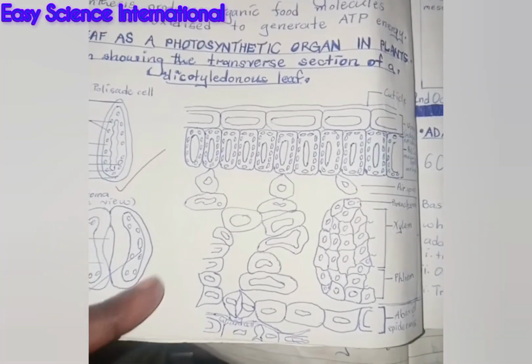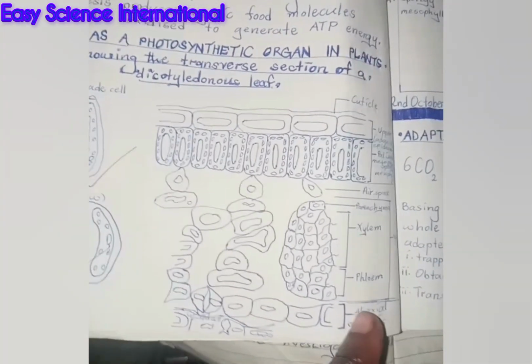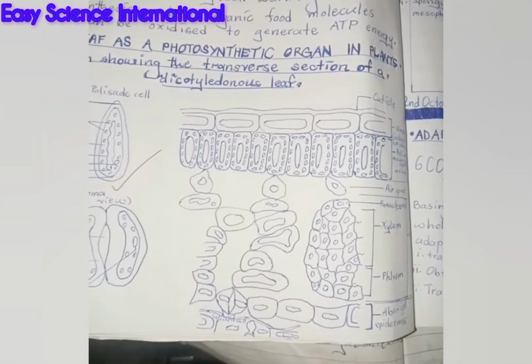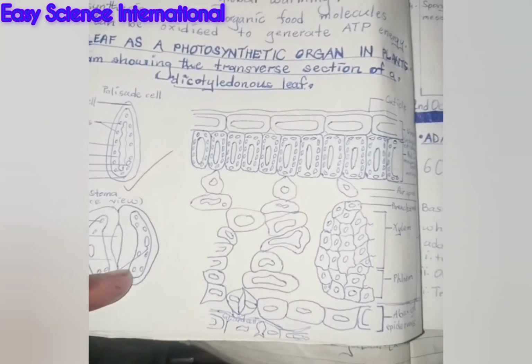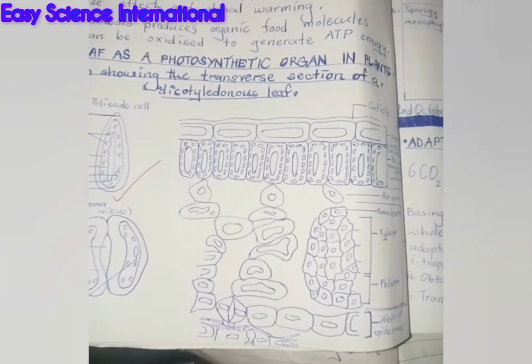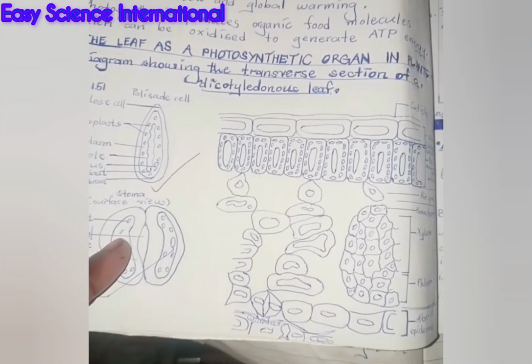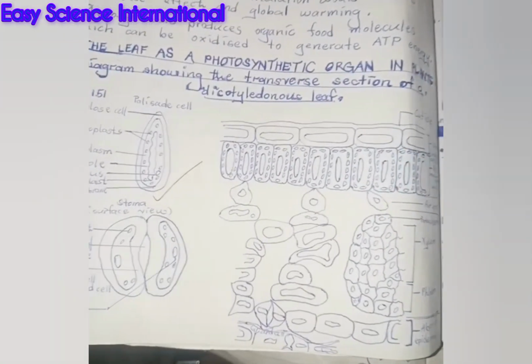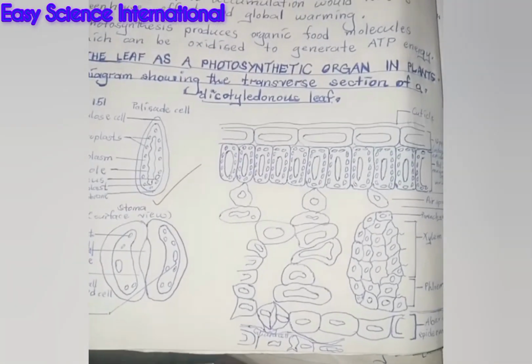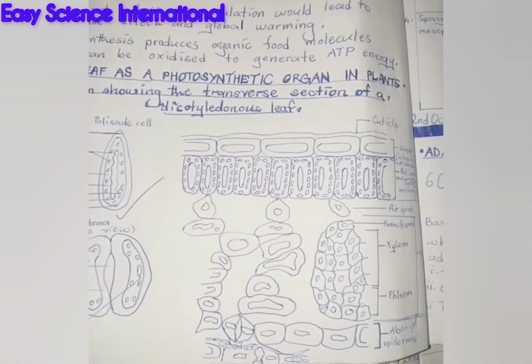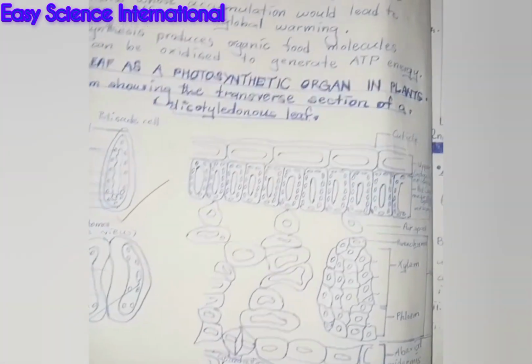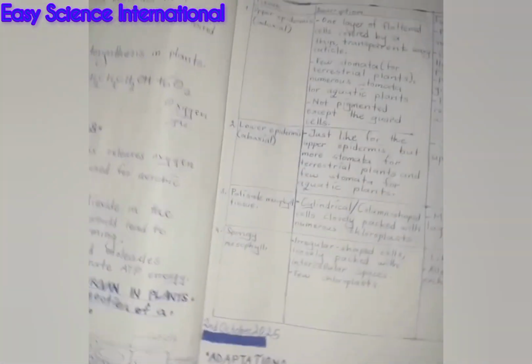Then beneath we have the abaxial epidermis, that is the lower epidermis. In this we have the guard cell, and this guard cell is the very one we've seen here. So that is the structure of the leaf, which is basically the major photosynthetic organ.